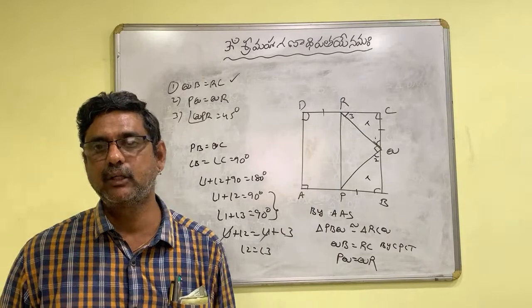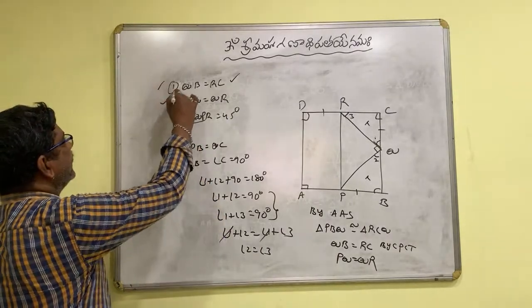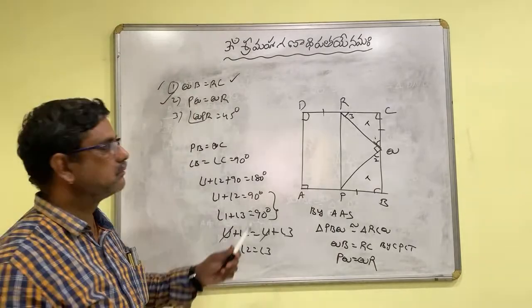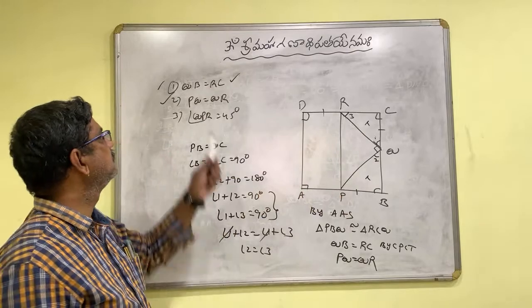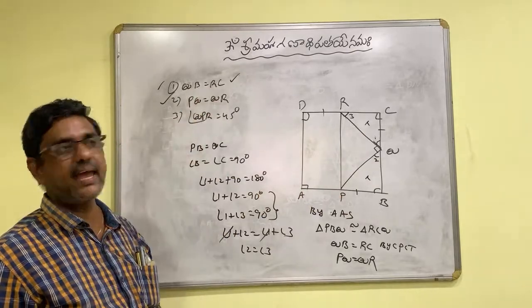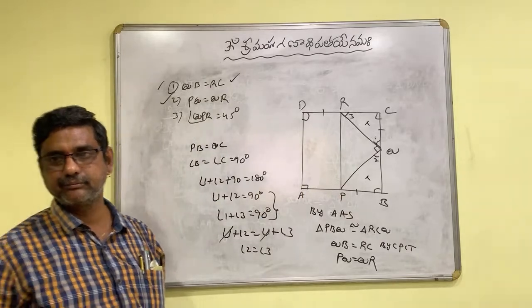One shot, two birds. Both required proofs are done now. Since these two triangles are congruent, QB is equal to RC and PQ is equal to QR by CPCT.